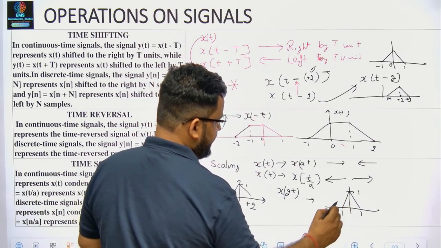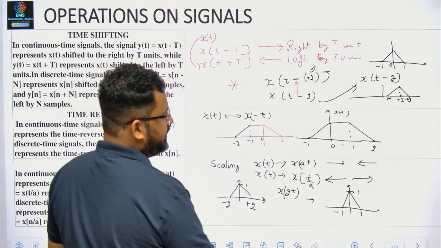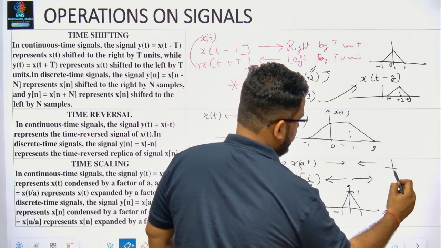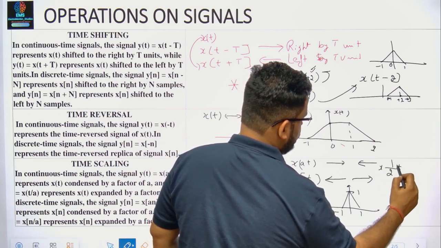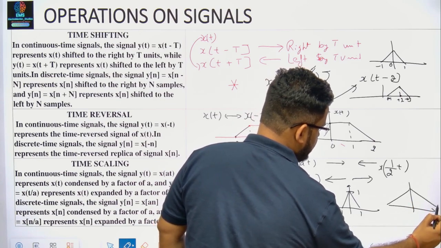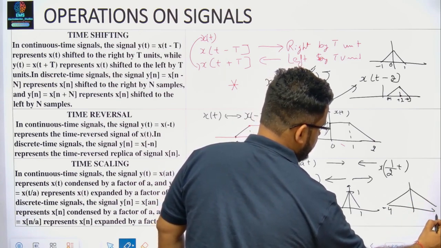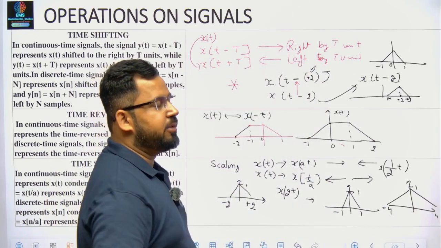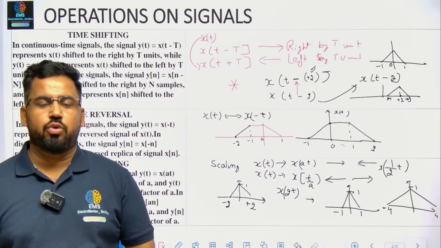Amplitude still remains the same, and this becomes x of 2t. And otherwise, if I have to plot x of t by 2, then the signal will expand from minus 4 to 4 and amplitude still remains 1. This becomes x of t by 2.